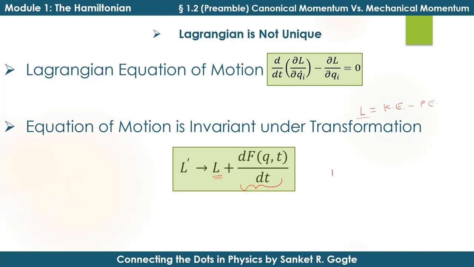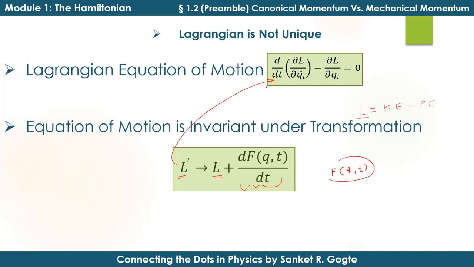This f is a function of q and t, so it is a function of all the generalized coordinates in general and time. And the only requirement for this f is that it should be differentiable. Now if we get this new Lagrangian by using this equation and put this L prime back into the Lagrangian equation of motion, we can easily show that the equation of motion is unchanged.